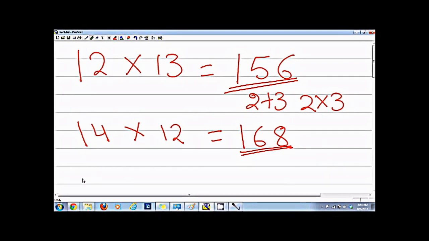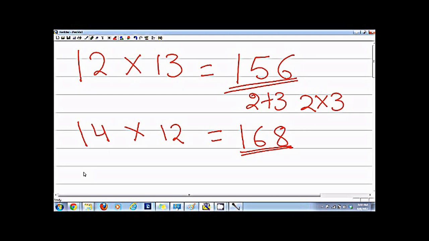Now there is one problem: if we multiply the digits and it's not a single digit but a two-digit number, then we have to adjust the trick.